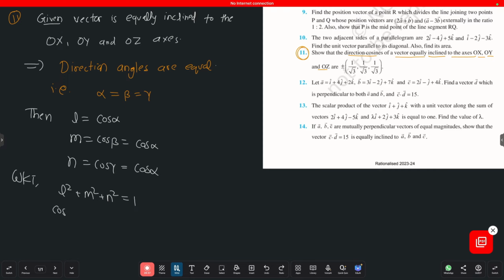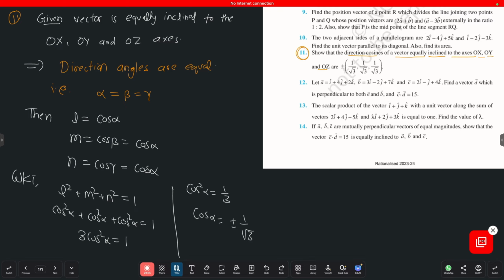So cos square alpha plus cos square alpha plus cos square alpha equals 1. Then 3 cos square alpha equals 1, so cos square alpha equals 1 by 3. Then cos alpha is plus or minus 1 by root 3.